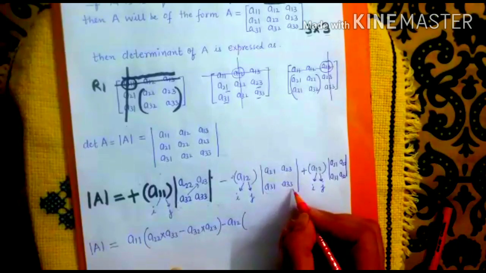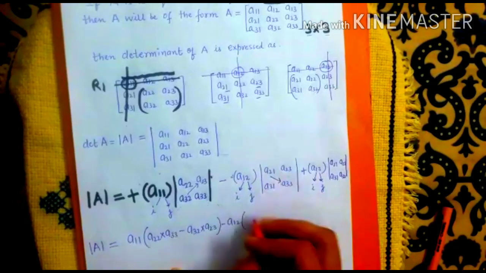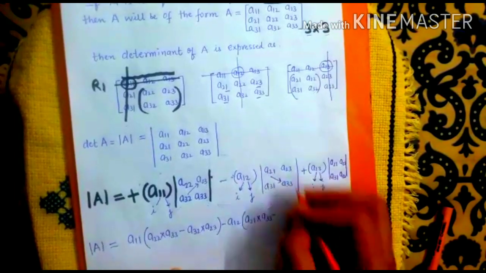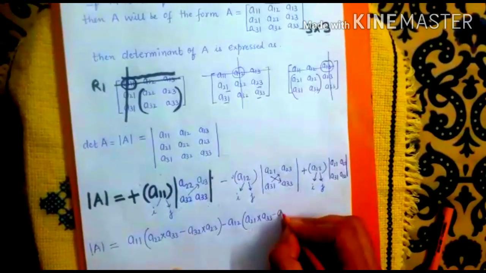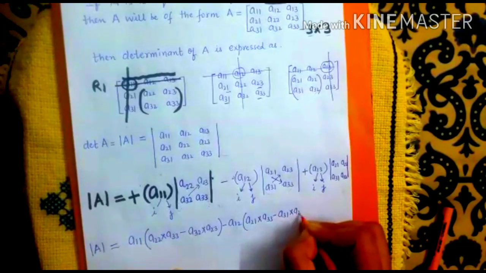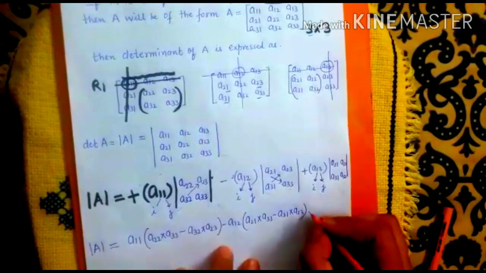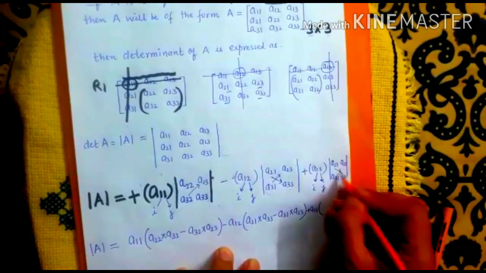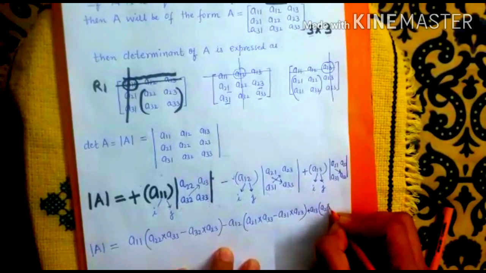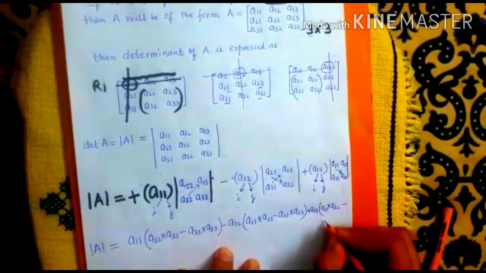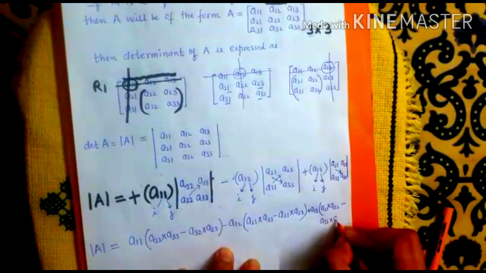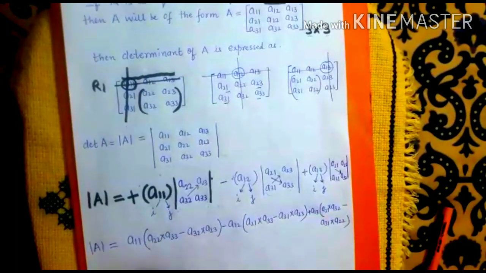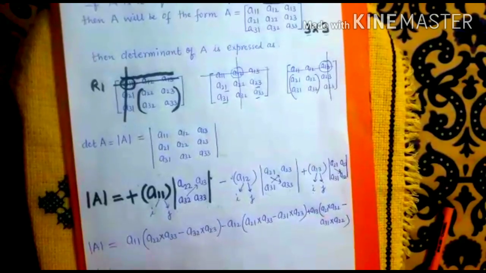Again it is a 2 by 2 determinant, so it will be equal to A21 into A33 minus product of these two, A31 into A23. And last we have A13 times A21 into A32 minus A31 into A22. When you simplify this, you will get the value of the determinant of the matrix A.